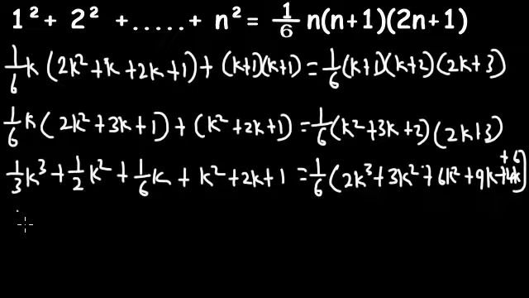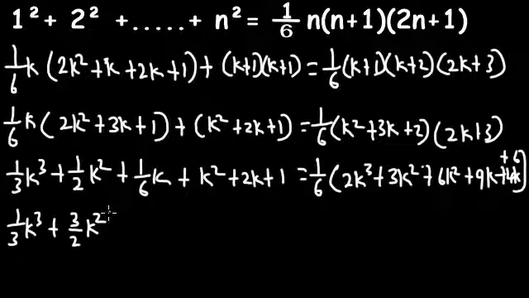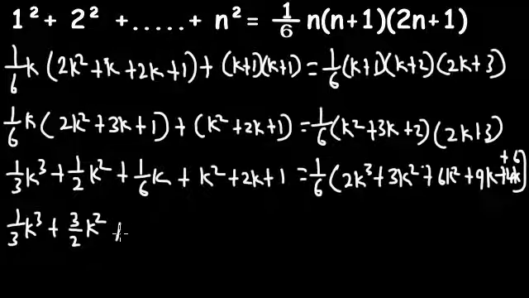So now, let's get rid of this one. Then we have 1/3 of k cubed plus 1/2 k squared plus k squared gives us 3/2 k squared. Okay, perfect. Now 1/6 k plus 2k, that will give us 13/6 k.